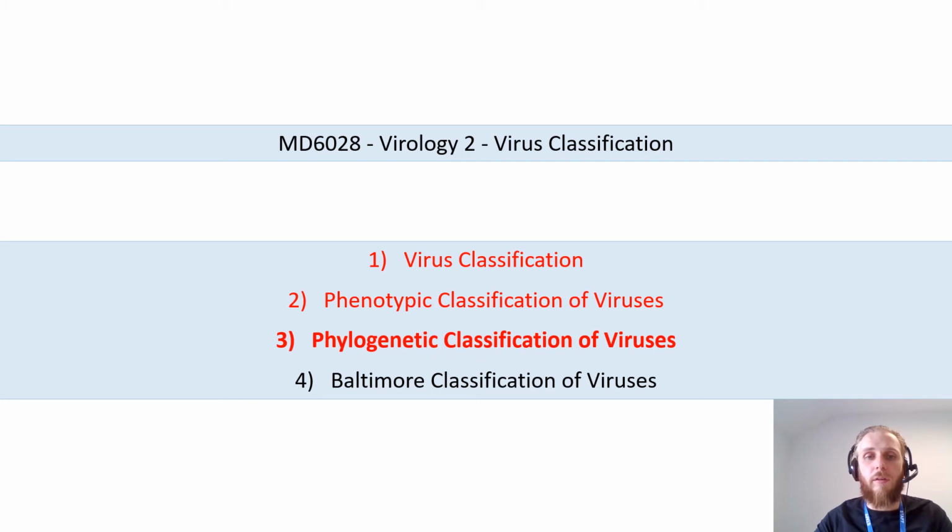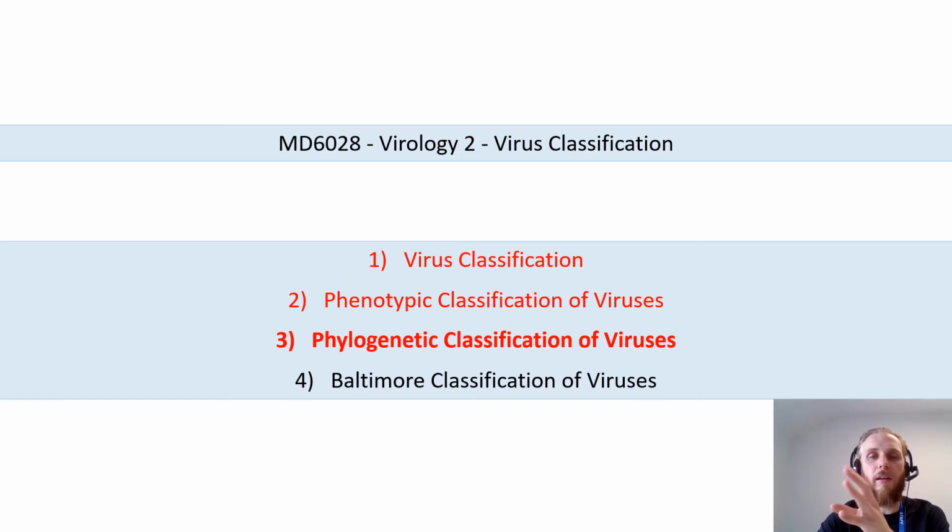Okay, so we discussed at the start how there are real issues with phylogenetic classification of viruses, but we've also said we do still use it to a degree. So we still classify viruses phylogenetically into families, because that is quite a useful thing to do. However, when we try to classify viruses further up, beyond that, so try and find out how these families are related to each other, we run into quite a lot of problems.